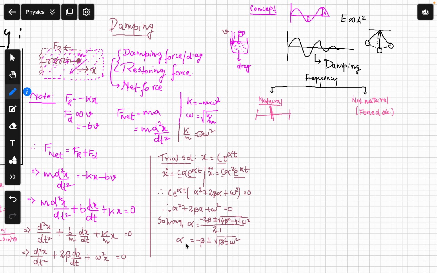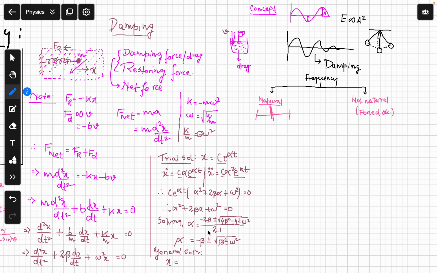So what was my trial solution here? X is equal to c e to the power alpha t. Therefore we can use this trial solution and write down the general solution. General solution, it's not difficult, it's all about simple maths here. Now if you look into the general solution, this is my x, so I will write it down that x is equal to c.